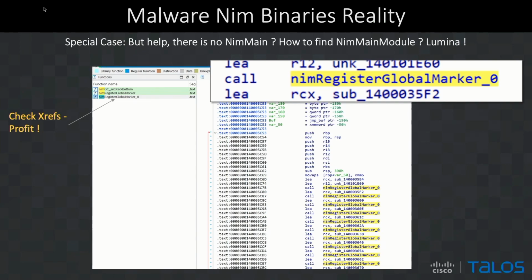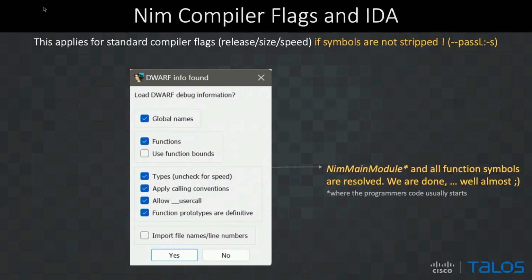If you search for that and go to it, you can check the xrefs. The function which the most xrefs are pointing to is usually the Nim main module function. With this, you have a shortcut to find the user code. Even that is not always working, but at least in most cases.